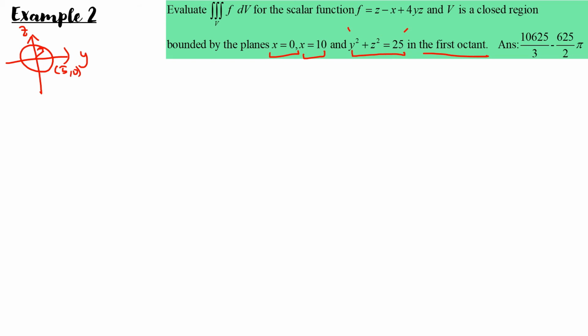The bottom and the top of the cylinder are in the y and z axes, while the height of the cylinder is along the x axis. Let me sketch for you. We have z, y, and x.